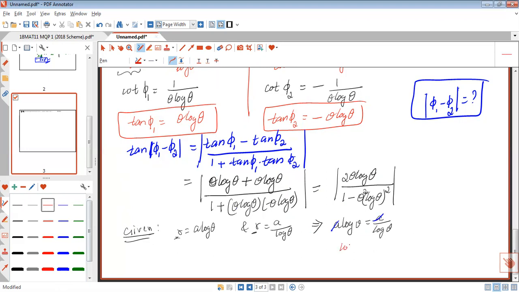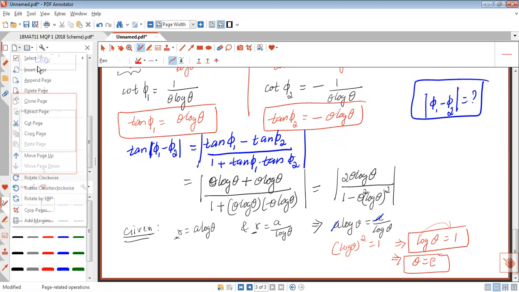Log theta into log theta, that is log theta the square, is equal to 1, or log theta is equal to 1, or further theta is equal to the inverse of log, that is exponential e to the power 1. So e is the value of theta.